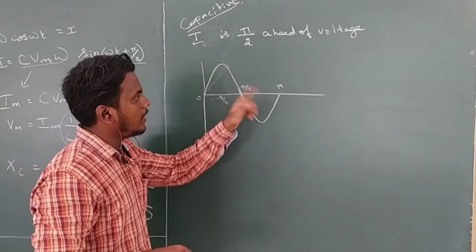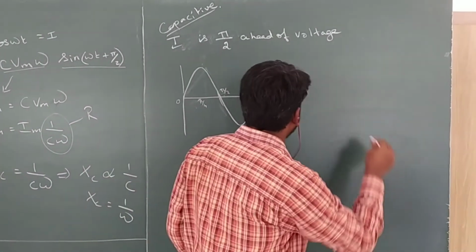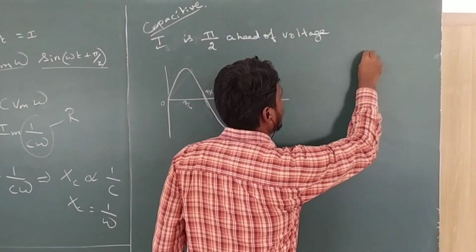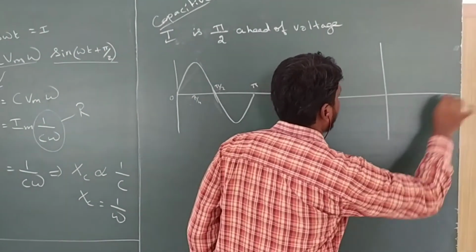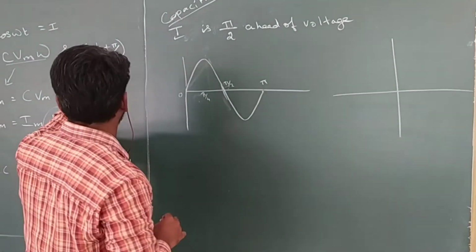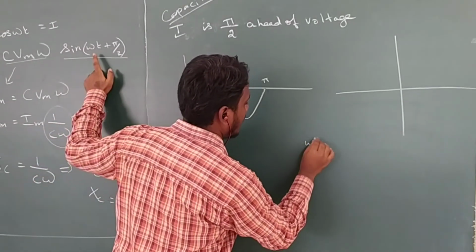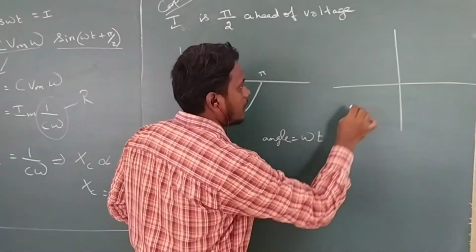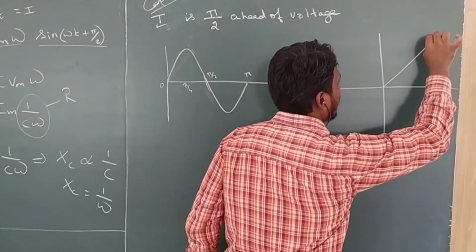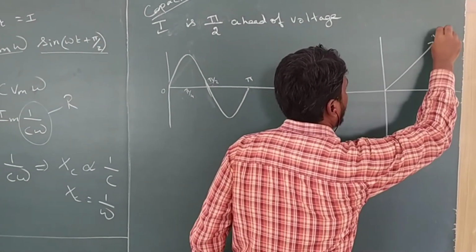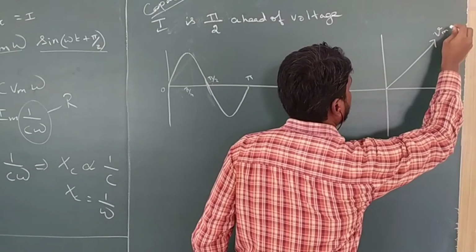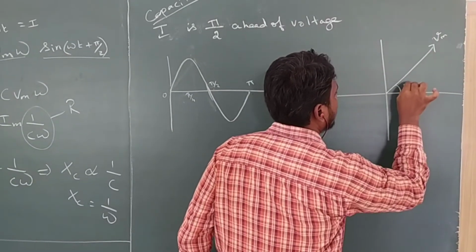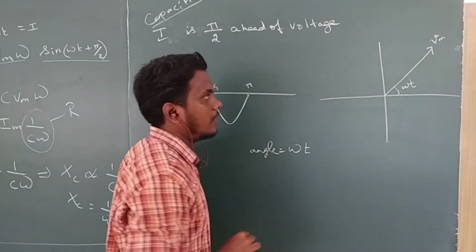So now I am going to equate it to the phasor diagram, right? So in the phasor diagram, how do we start? We start with the phase angle omega t. So I am going to draw Vm here with the phase angle omega t like this.